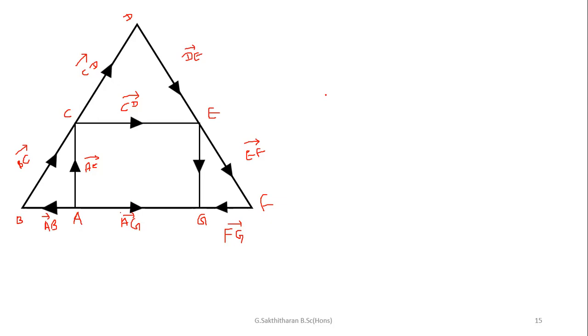I wrote BD plus DF, it is equal to BF. The directions of these vectors are clockwise, starting from B and ending at F. Okay, no problem. I do this question, and another one you try.